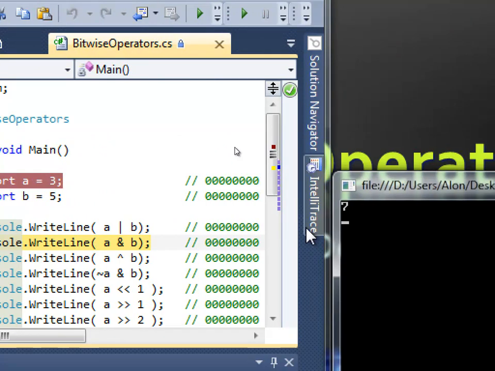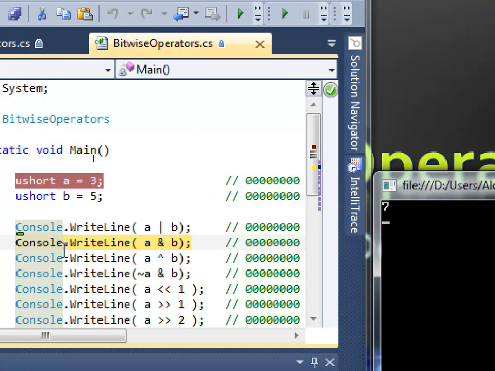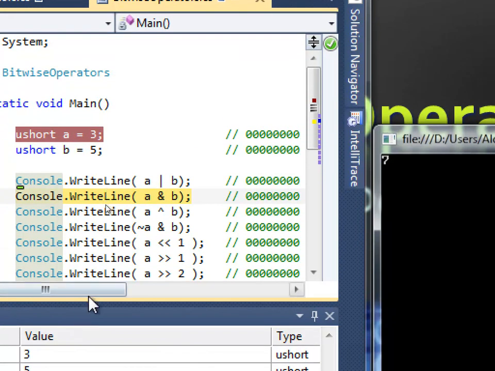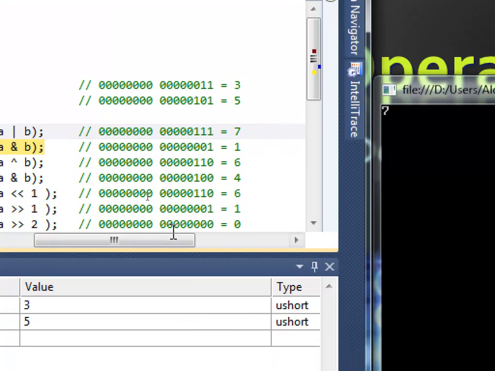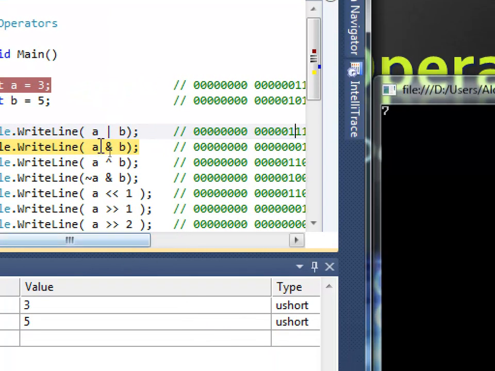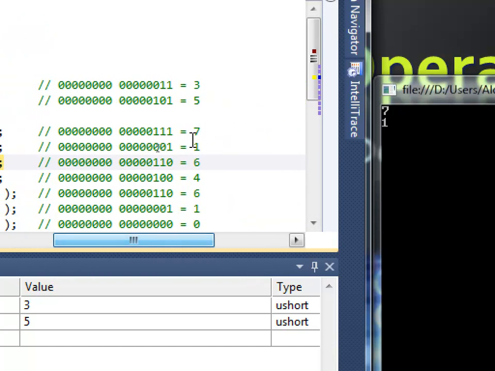A or B produced this result, which is 7, because we have 1, 2, and 4. Then we produce 1, because we're taking only the places where we have 1 and 1 only. So the production is 1, and we're producing the number 1.